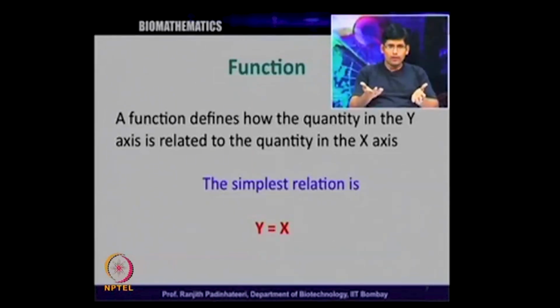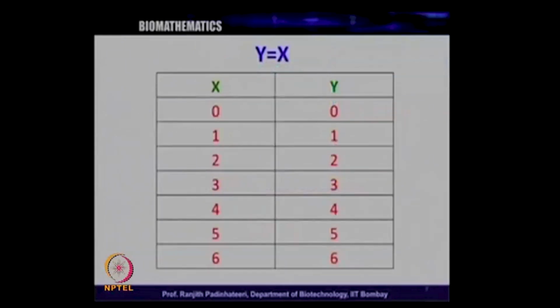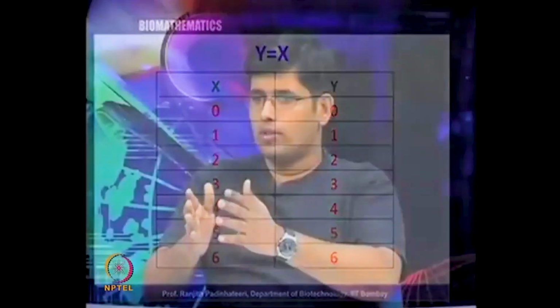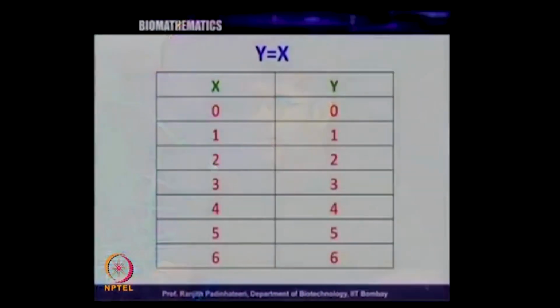So, we will go and learn this today. Let us say that you have a column with x values and y values. What are the simplest values? X equal to 0, y equal to 0. When x is 0, y is 0, as you can see in the slide.